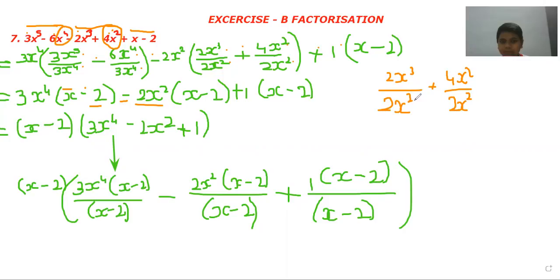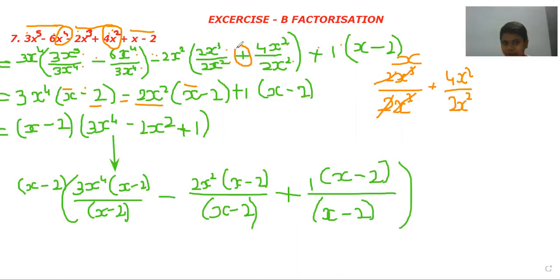So here 2 and 2 cancel. Here x square and x cube cancel. What is left? Only x is left. Again we took x, right? Then here there is minus, so we have to take minus over here.